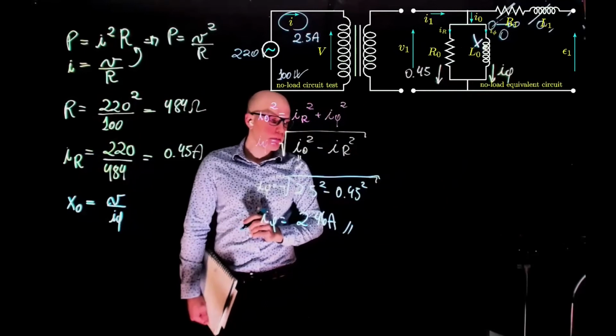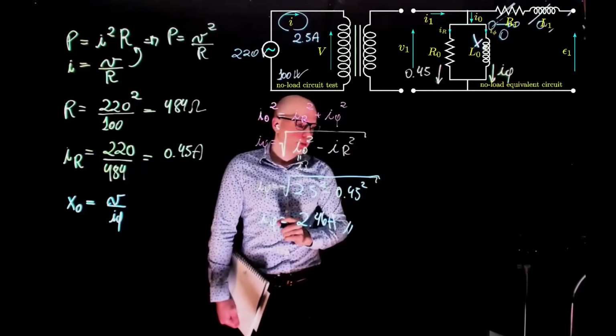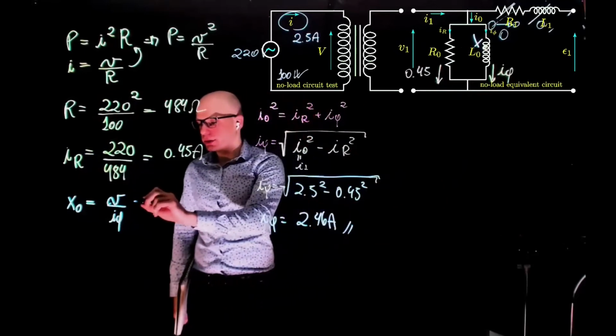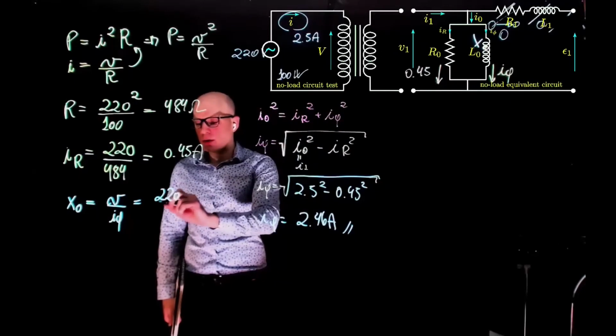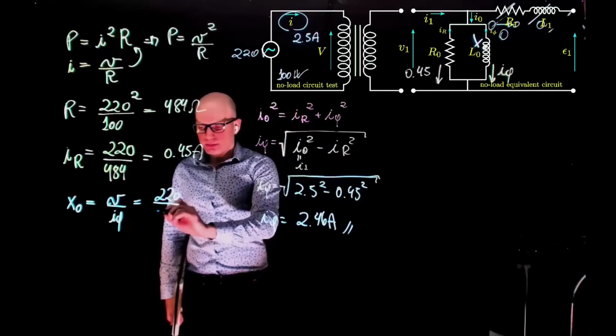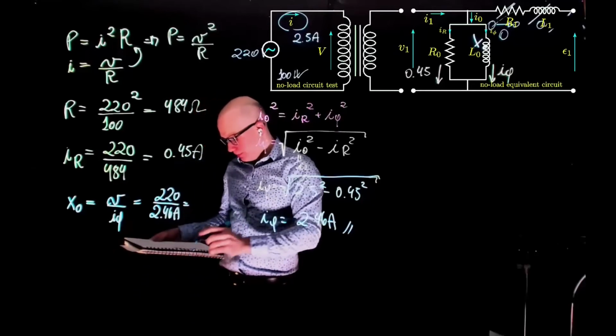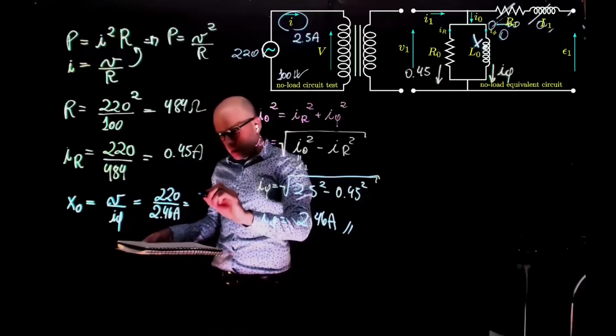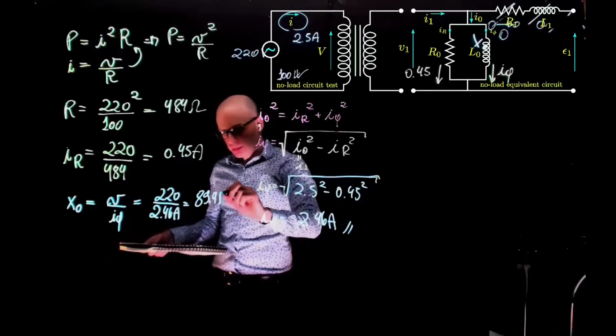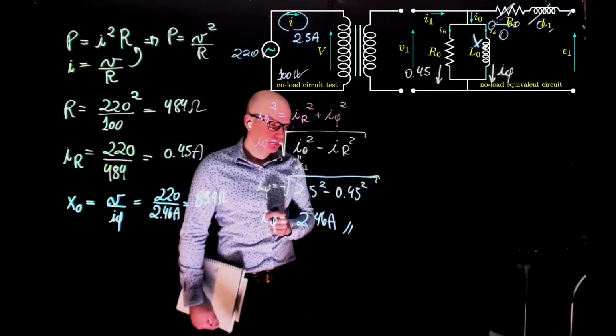That's the impedance of that particular inductor, 220 divided by that. And this is 89.4 ohms.